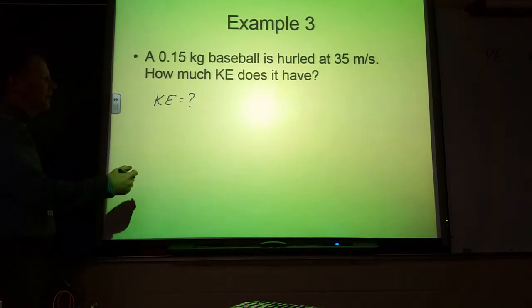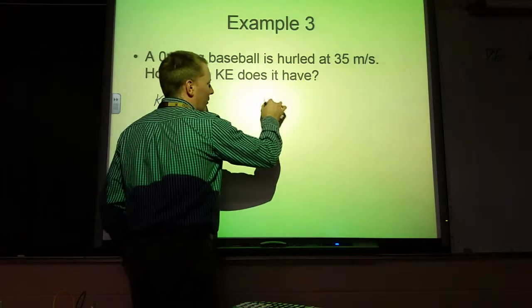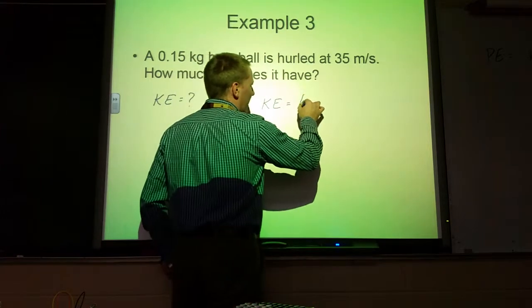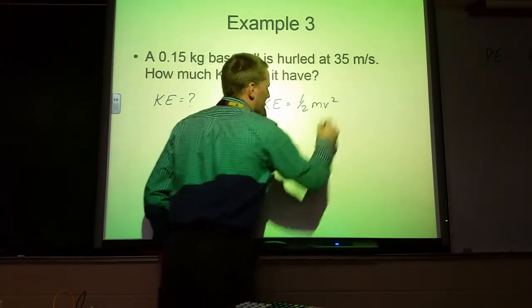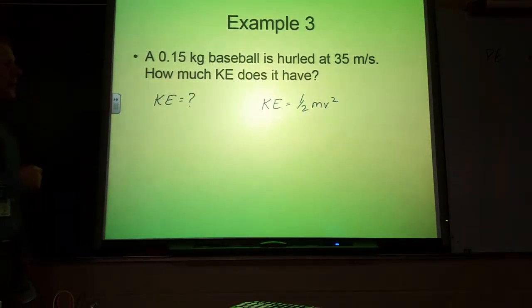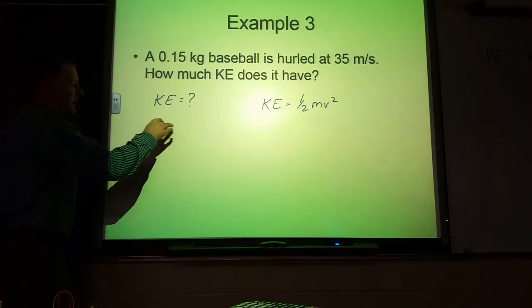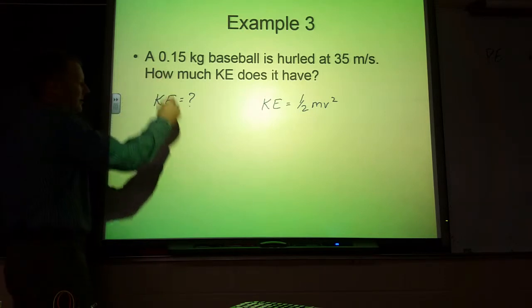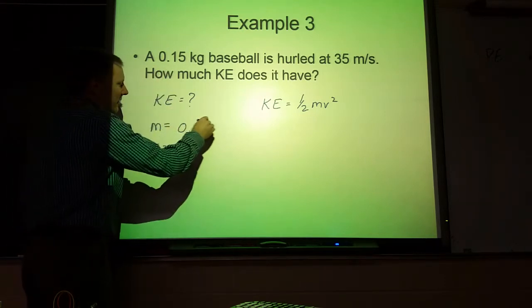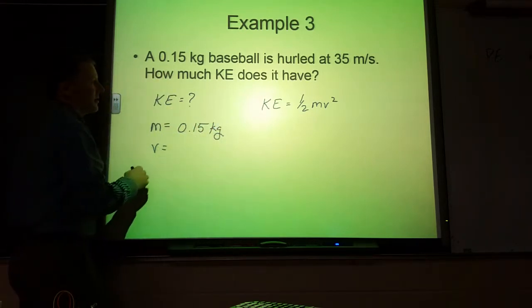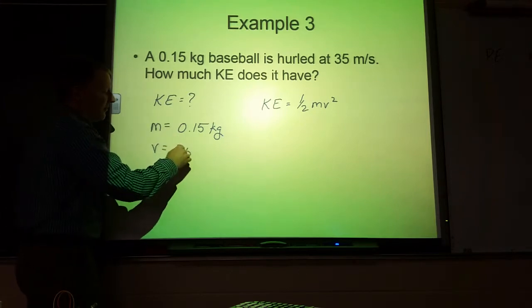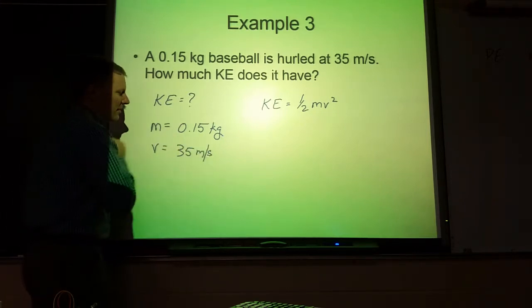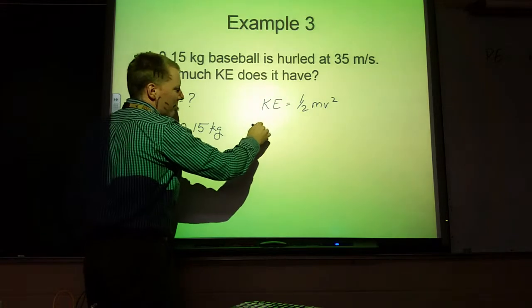We have to find that, meaning from our formula, 1/2 mv squared, we have to figure out or list the mass and the speed or velocity. Mass is given as 0.15 kilograms. Speed is given as 35 meters per second. And now we just put them in.